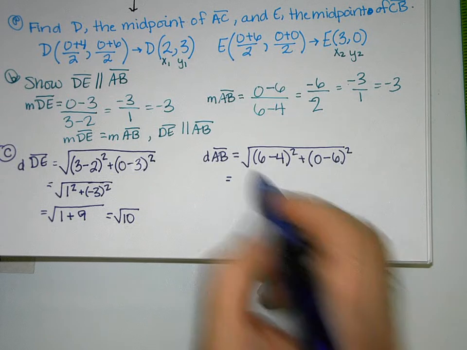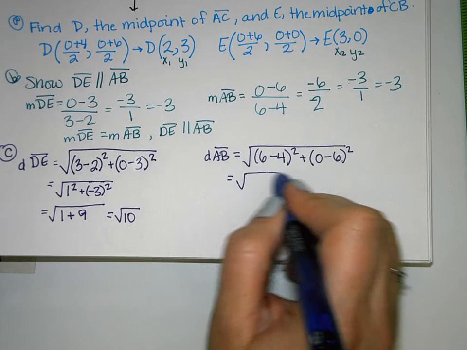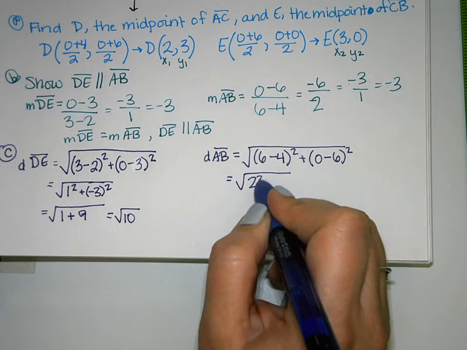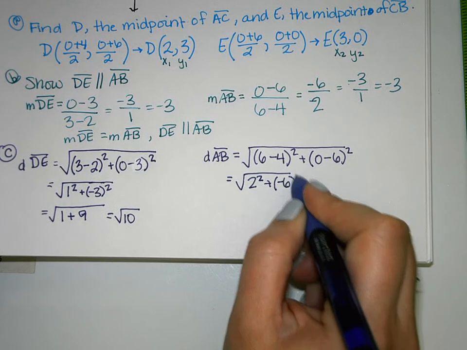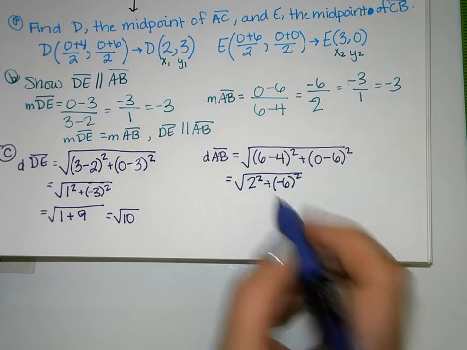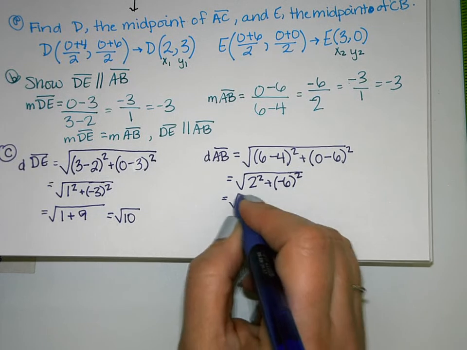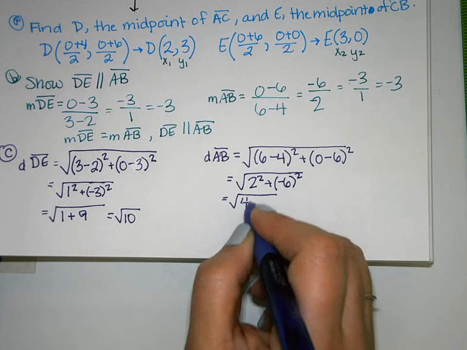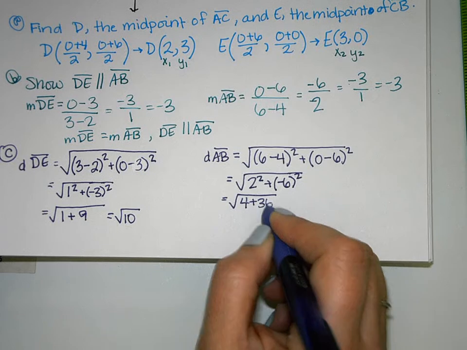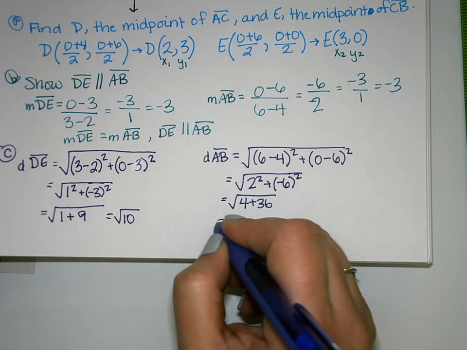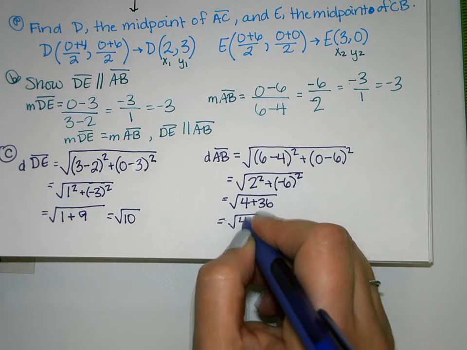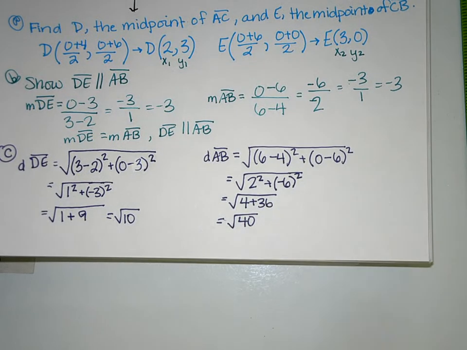So 6 minus 4 is 2, so I'll get 2 squared plus, I'll have negative 6 squared here. So I'll have 4 plus 36, because negative 6 times negative 6 is 36, which equals the square root of 40. So this is what we have to check, can we reduce the square root of 40?